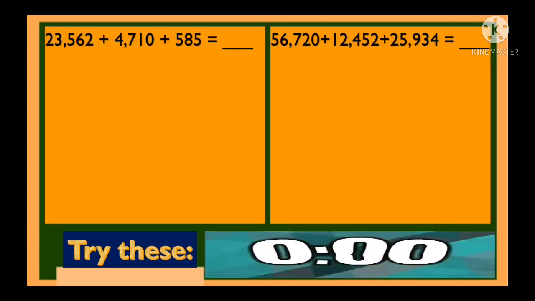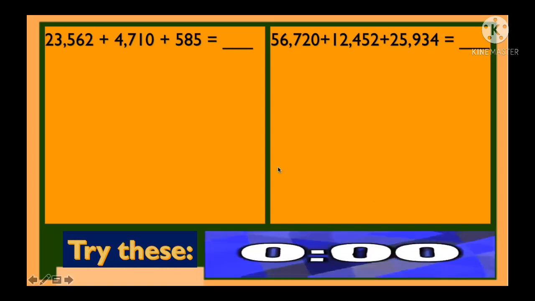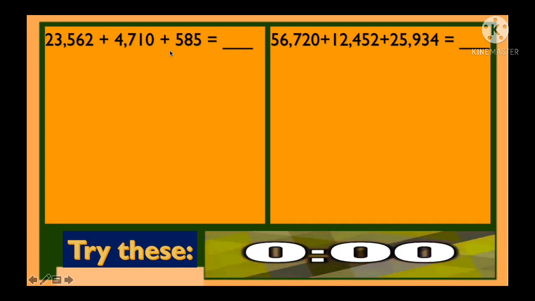Alright, now let us try to answer. Let's do first this one. Can you read the number first for me? We have 23,562 plus, the second one is 4,710 plus 585.